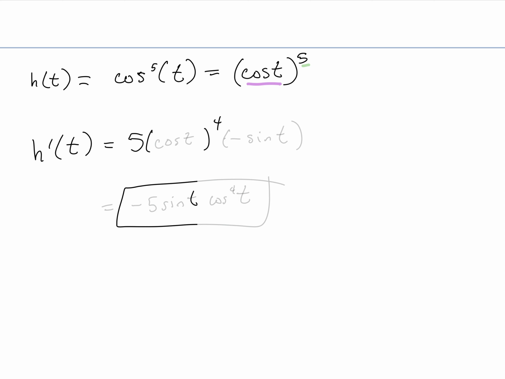And so we're leaving the inside alone, cosine of t, and then multiplying by the derivative of the inside. The derivative of cosine of t is negative sine of t. And so we could just leave that as it is, or we could write it as negative 5 sine t cosine to the fourth of t.